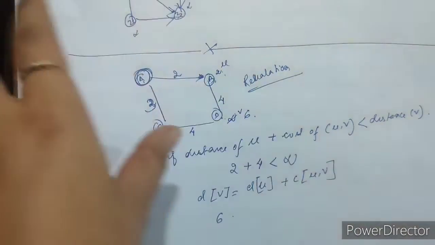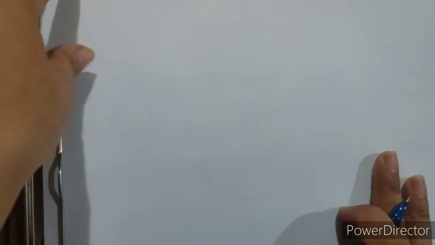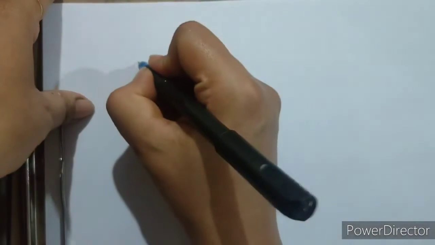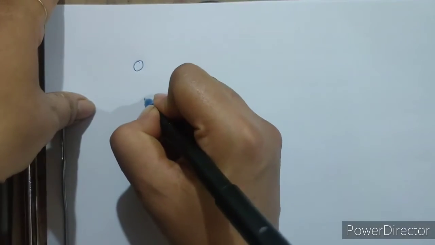So this is how Dijkstra's algorithm is going to work. Let me take an example. Let's take an example to find the shortest path. Suppose I'm going to draw a graph.